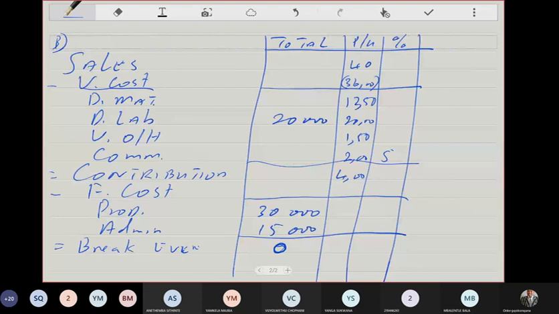divided by 4 rands. And you'll find that, okay, in order to break even, we need to have sales of 11,250. Those are the number of units that we need.